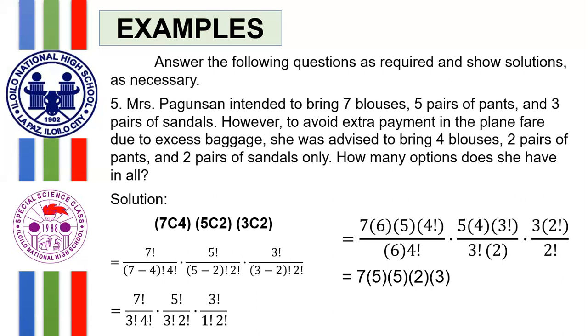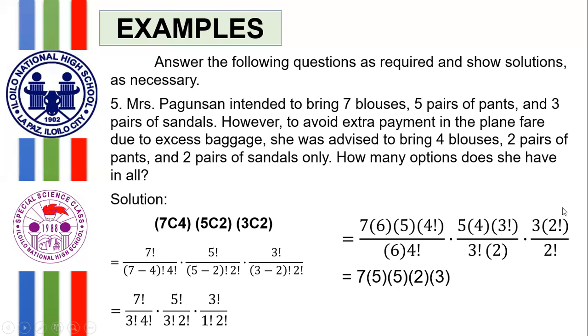For the first one here, I could divide the 6 and the 4 factorials. That's why I was left with 7 times 5 here. For the second one, I could divide the 3 factorials, and what is left is 5 times 4, but I have here divided by 2. 4 divided by 2 is 2. That's why I just copied the 5 and I have here the 2.